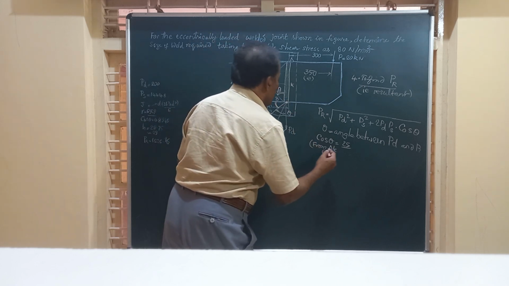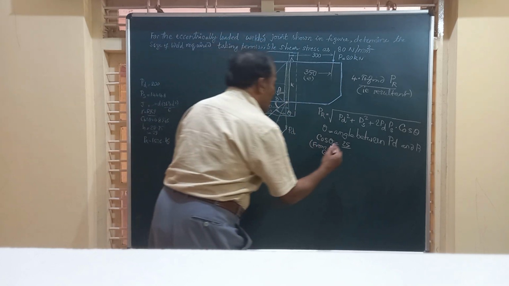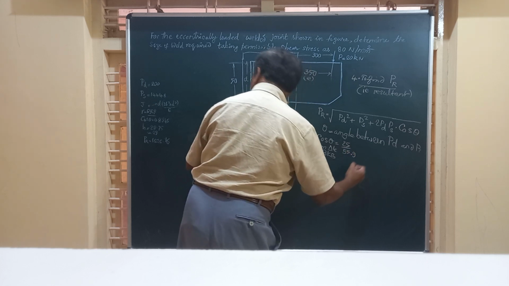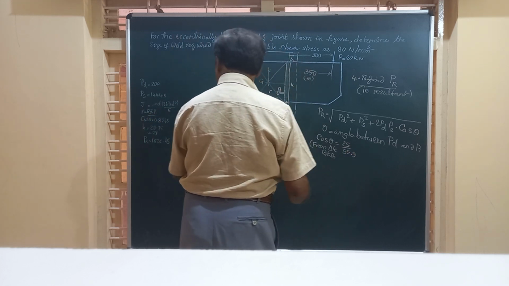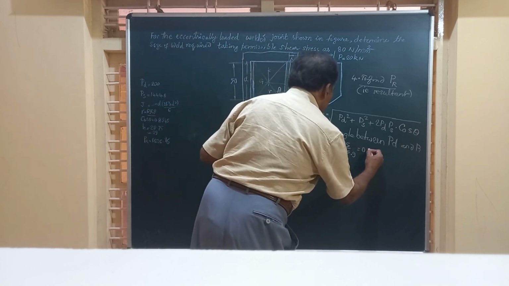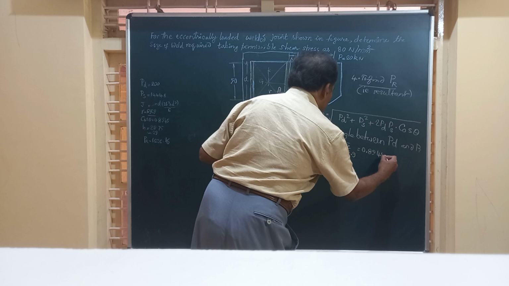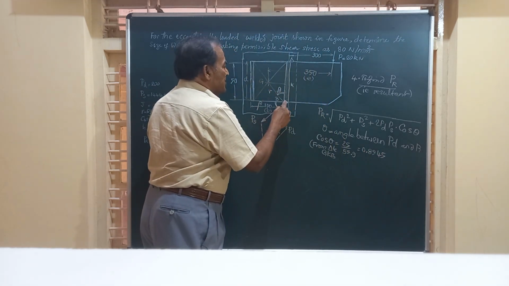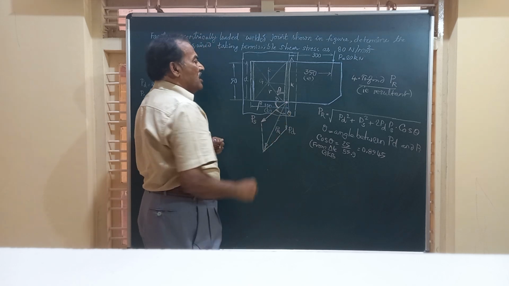Radius is r, that is 55.9 from calculation. And friends, you will be able to get this as 0.8945. 0.8945 is the value of cos theta from this triangle GKB, this right angle triangle.